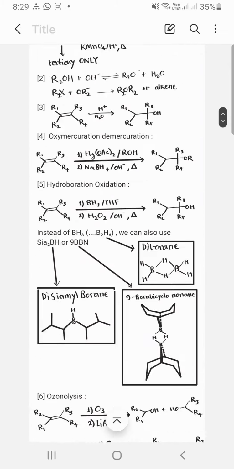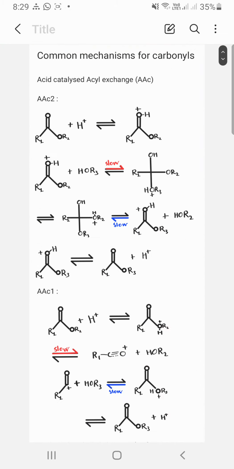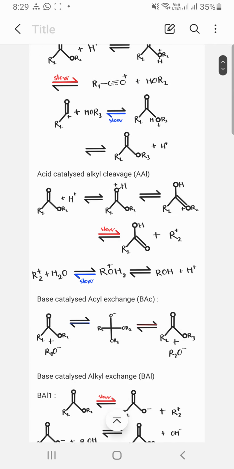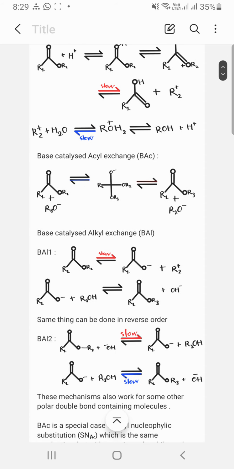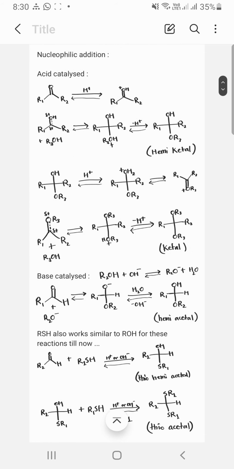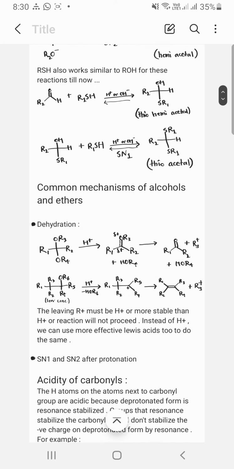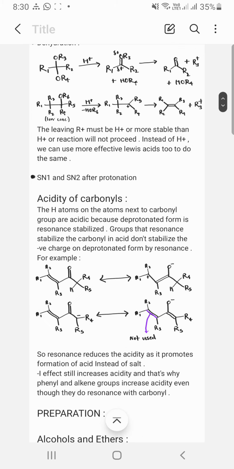This is going to be a big one. Okay, all of these mechanisms are just not needed. Nucleophilic addition, acid catalyzed. Fine. All reversible reactions. Thioamines, dehydration reactions. Okay, cool. Acidity of carbonyls.